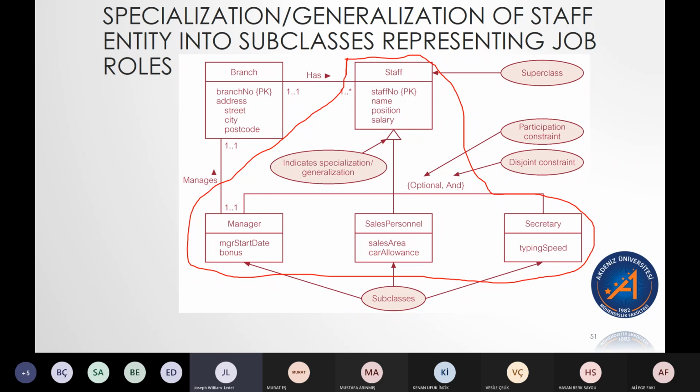Right, Furkan, that's right. Yeah, a manager is a staff. So just by someone being a manager, they already are a staff.